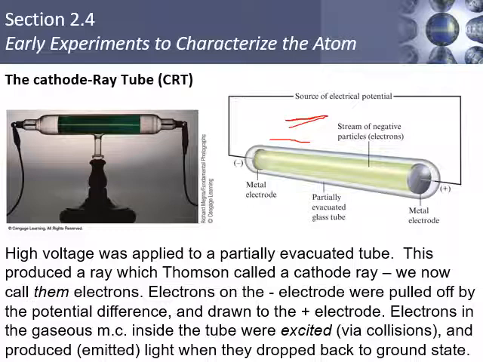Obviously he discovered this cathode ray, and also later it was determined that the cathode ray was actually just a stream of electrons. So he was able to set up an apparatus, which we'll look at momentarily, where he was able to figure out, for this cathode ray, or what we now know as electrons, not either the charge on the electrons or the mass, but what the ratio would have to be of the charge to the mass.